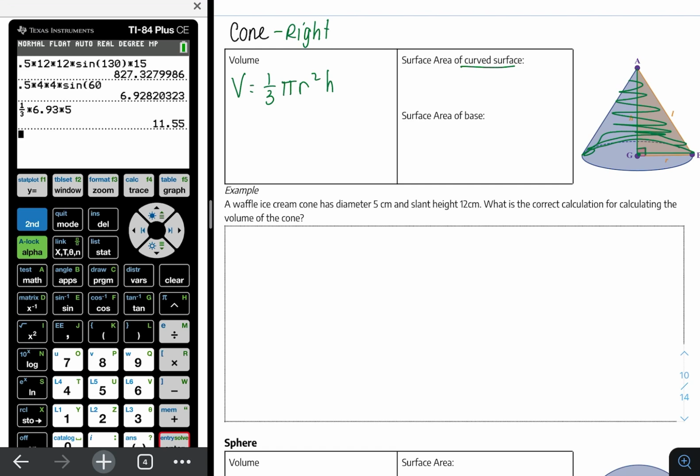And this curved part, the area for it in the formula booklet is pi times r times L, where L is our slant height. So it's not the vertical height, but it's the distance between the apex to the side of our circle. And then, of course, if we're finding the total surface area of a cone, we have the curved part, but we also have the circle part, where the area of a circle is always pi r squared.